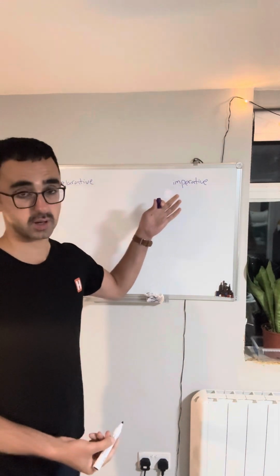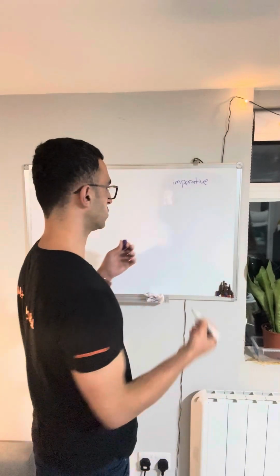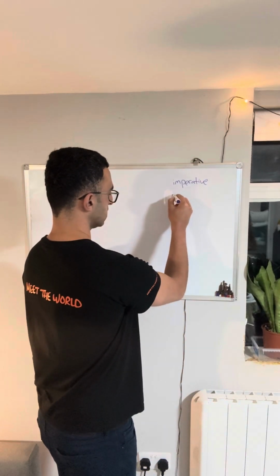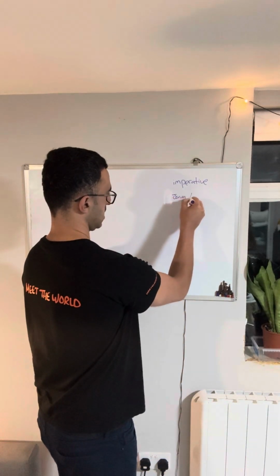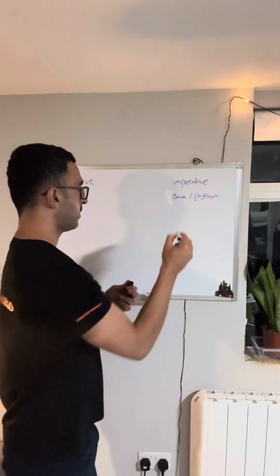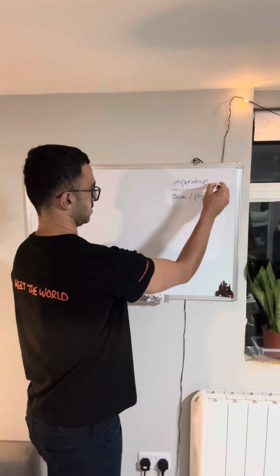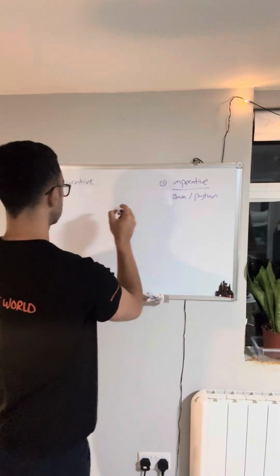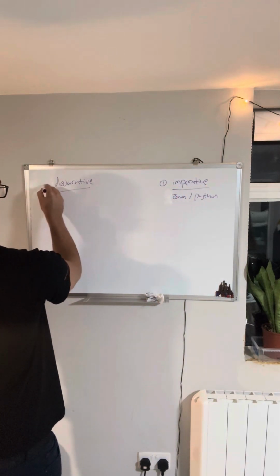Examples of imperative languages include Java and Python. So that's the first one, that's the second one.